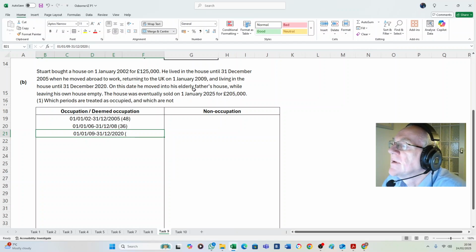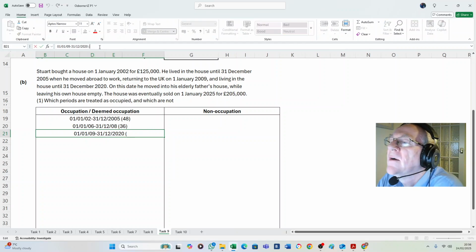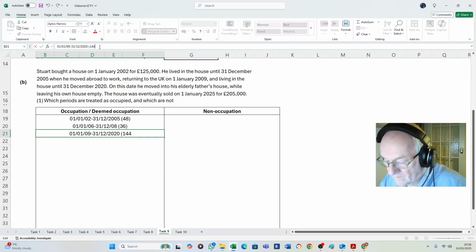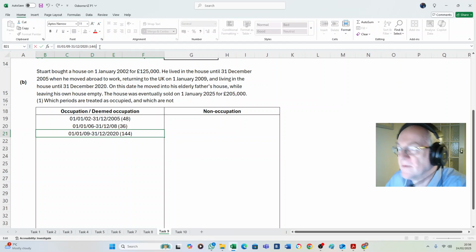And he can't claim the 36 months for any reason because he didn't move back in after this period of time. Anyway, back to this one. So this is the 09, so 9, 10, 11, 12, 17, 18, 19, 12 years. 12 times 12.